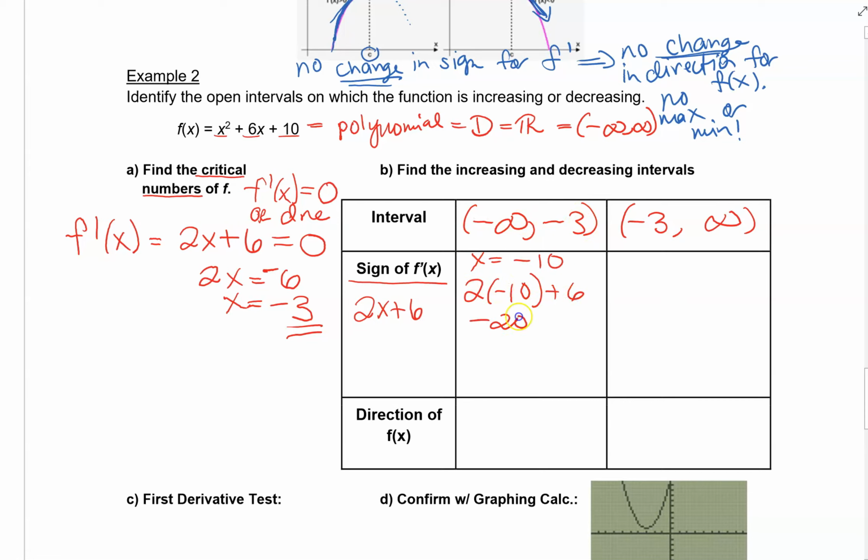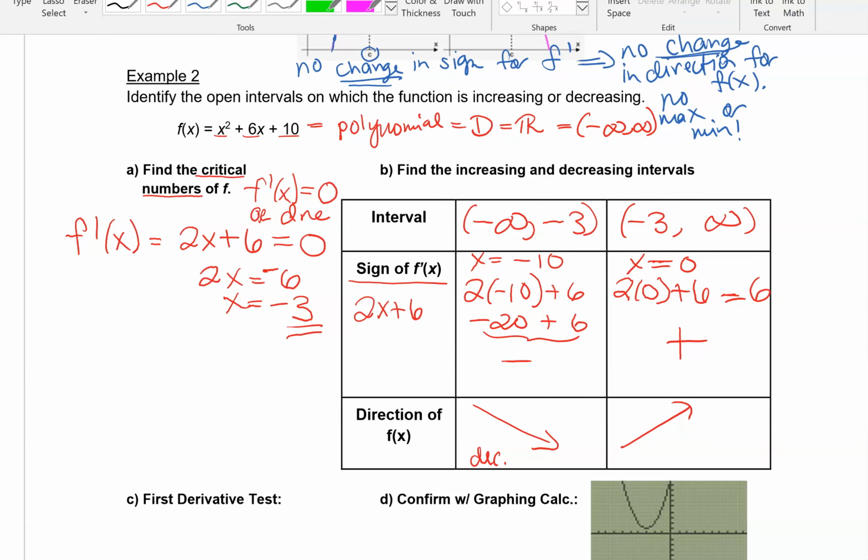So negative 20 plus 6, that's a negative, right? So my function is decreasing. And then to the right of negative 3, maybe I'll pick 0, because that's to the right of negative 3. So I'd have 2 times 0 plus 6, which is 6, which is positive. So the function increases to the right of negative 3.